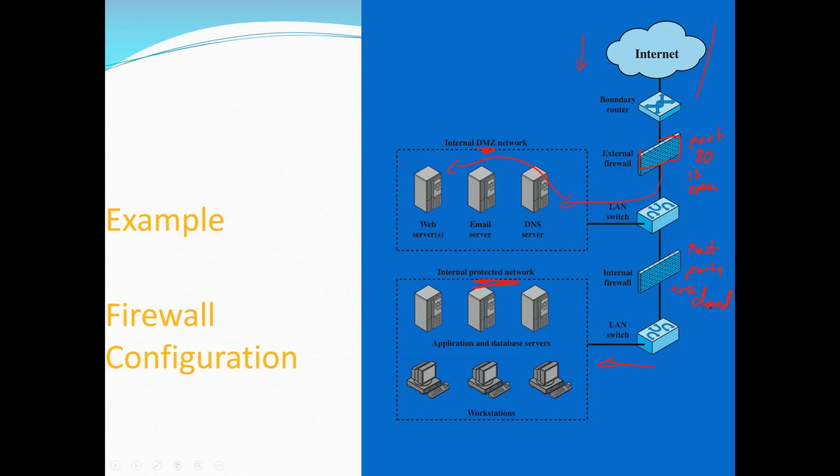This is also usually where you have a VPN server, and that means that port will probably be open for VPN connections and so on. So it just becomes a little bit more restrictive as you go in, and that's really the main idea with this.